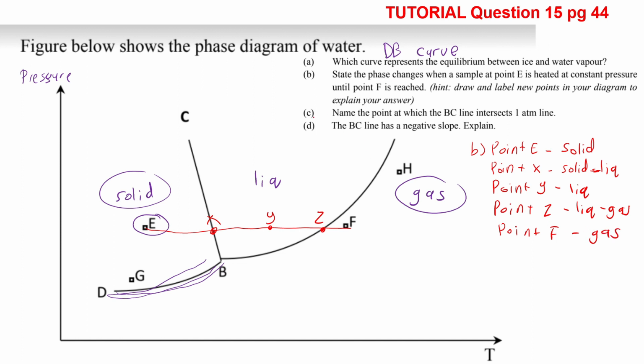Okay, so itu je dia nak phase change. Okay, the next question, C, name the point at which BC line intersects at 1 atm. So BC line refers to the line between solid and liquid. So BC line ialah line di mana solid bertukar jadi liquid ataupun liquid tukar jadi solid.